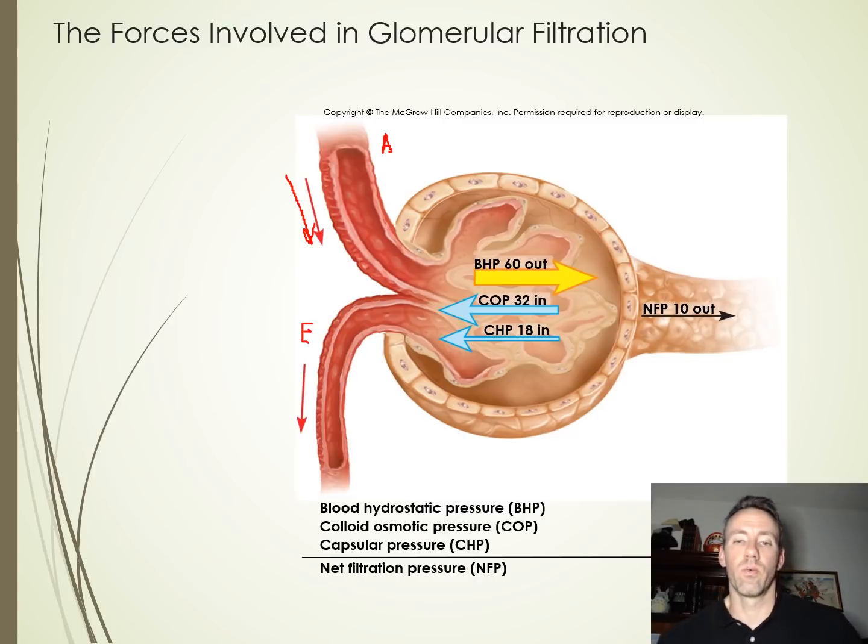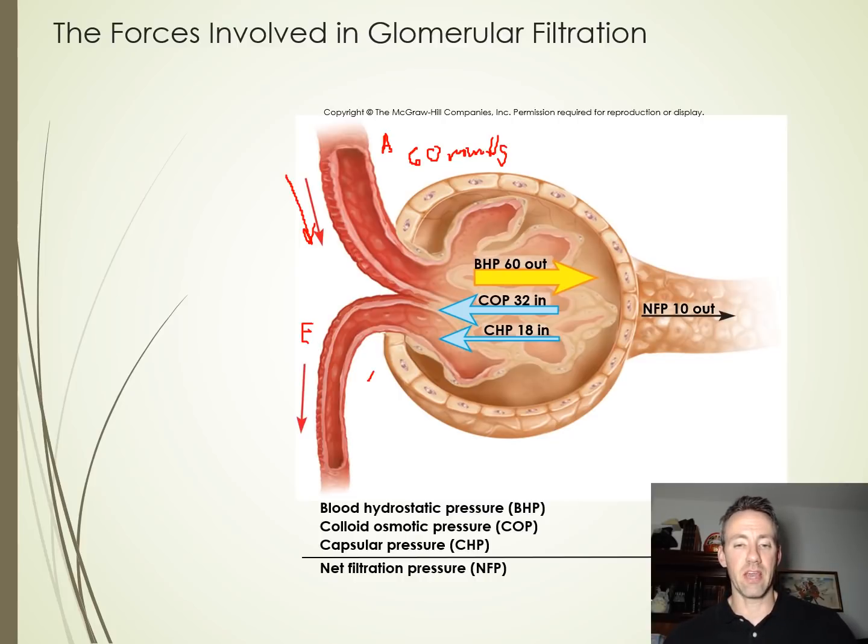And what this really means for us is that we actually have a much higher pressure system. This is BHP, which stands for blood hydrostatic pressure. The hydrostatic pressure here is about 60 millimeters of mercury at the very beginning of this capillary system. So that's what's in the blood pushing out. That's our blood pressure.